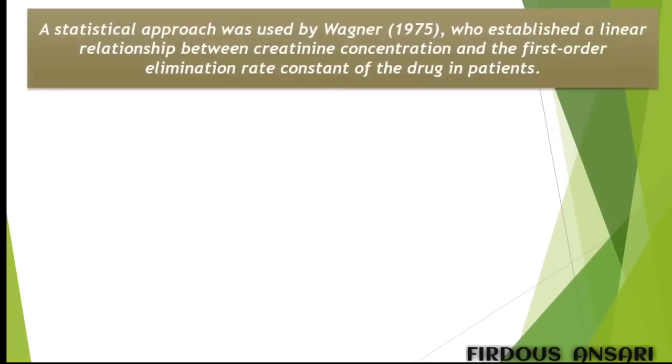A statistical approach was used by Wagner in 1975, who established a linear relationship between creatinine clearance and the first-order elimination rate constant of the drug in patients.